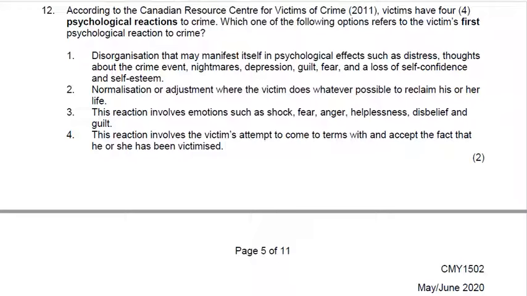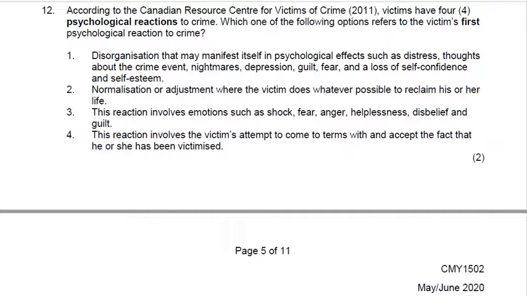Which one of the following options refers to the victim's first psychological reaction to crime? The answer is 3, which is this reaction involves emotions such as shock, fear, anger, helplessness, disbelief, and guilt. This is found on page 11 of our study guide.